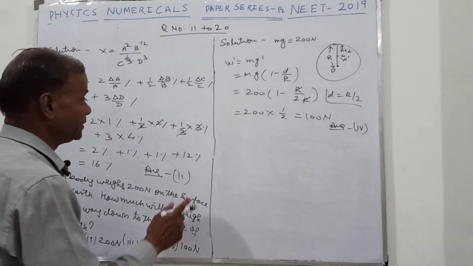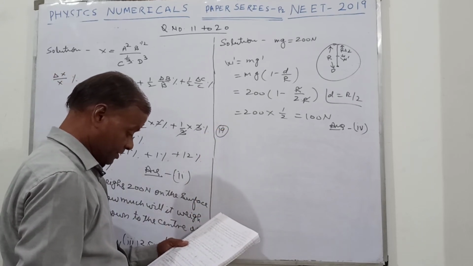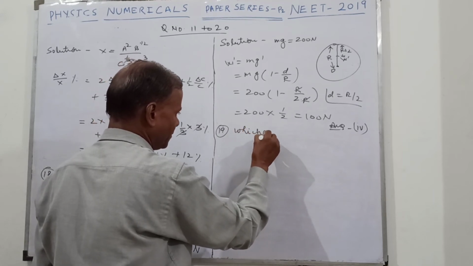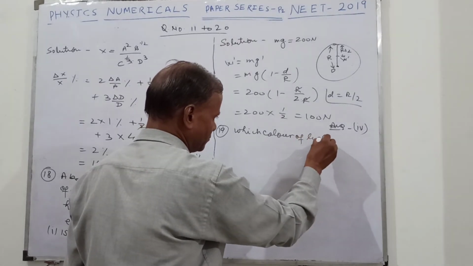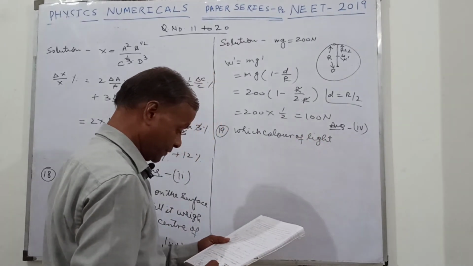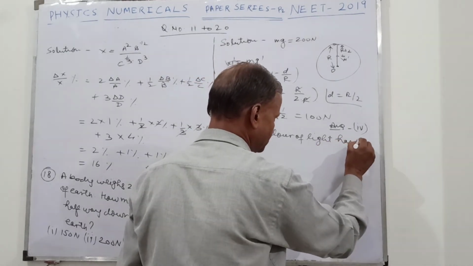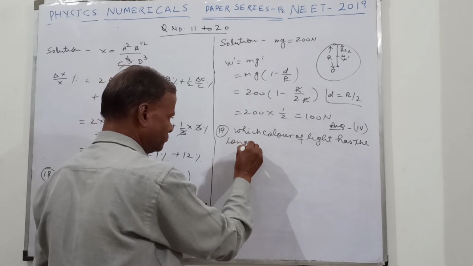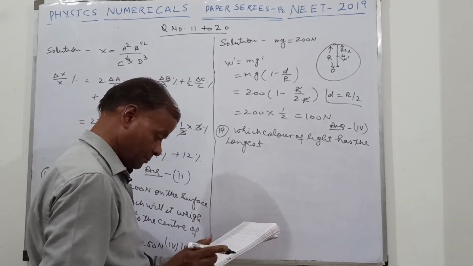Question number 19. Which color of light has the longest wavelength?